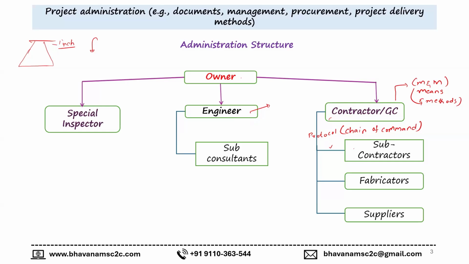So the engineer is in no way responsible for the means and methods that the contractor follows at site. He is just responsible to monitor the work. If it is not happening in the right way, he can inform the contractor, but he does not have a right to withhold the work happening on the site.